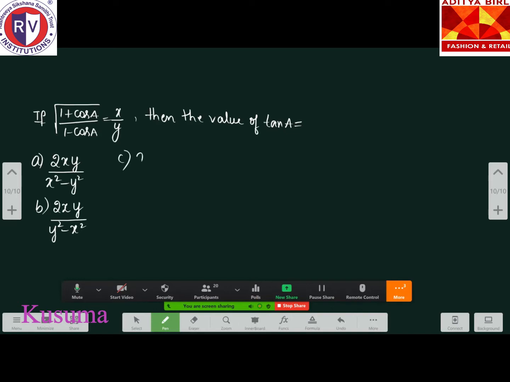Option C is x square plus y square divided by x square minus y square. Option D is 2xy divided by x square plus y square.